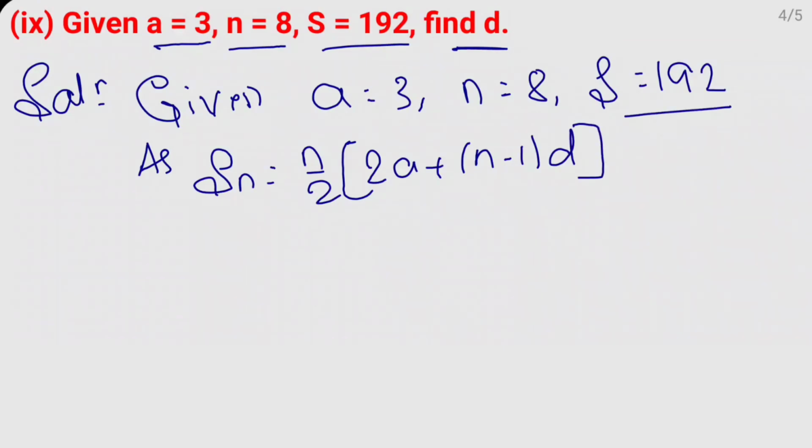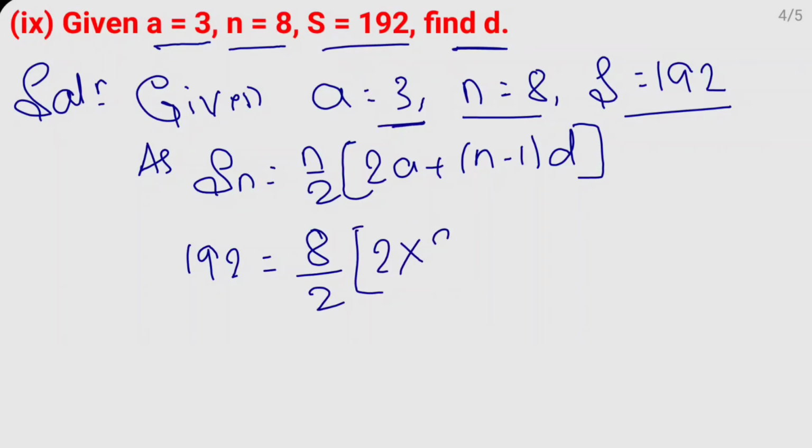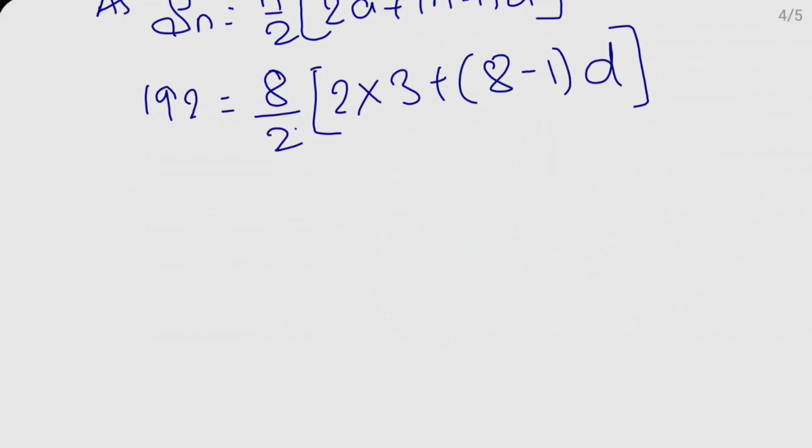So the S value they gave, how much? 192, and this equals n value also they gave 8 by 2 and 2 into A, A is 3, plus n is 8 minus 1 into d, we don't know, keep as it is. Is it clear? So now 2 ones are 2, 4 twos are 8. So write down the remaining term 192 by 4.